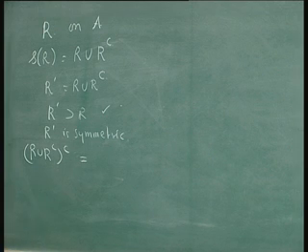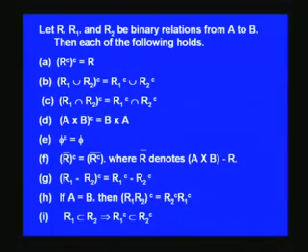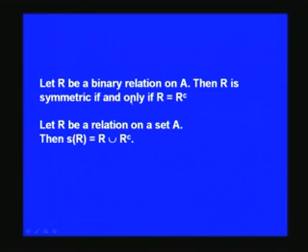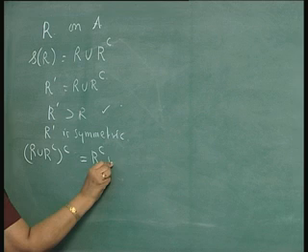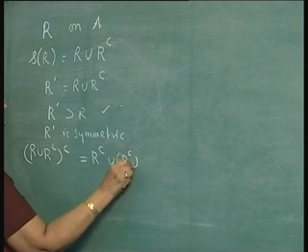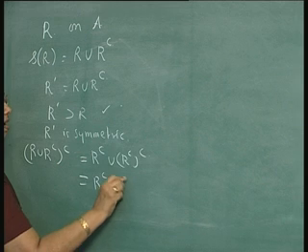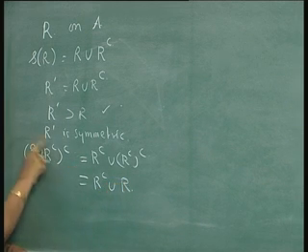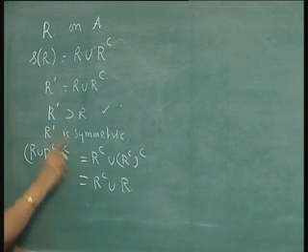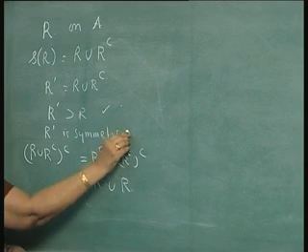R1 union R2 converse is R1C union R2C. Making use of this property, the converse of R union RC is RC union RCC, and that is nothing but RC union R. So, the converse of this is equal to this. So, R dash is symmetric.